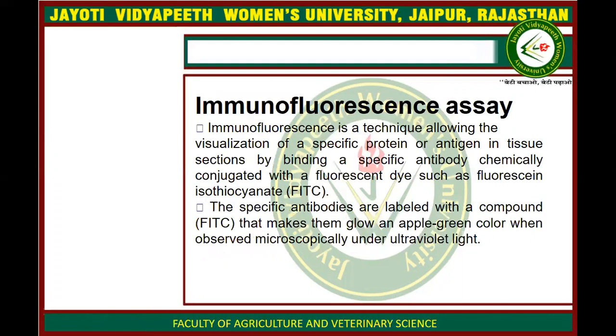Immunofluorescence is a technique which allows the visualization of a specific protein antigen when a particular specific antibody binds to it. The specific antibodies are labeled with a fluorescent compound, as in fluorescent in situ hybridization techniques, and it will create a specific color, maybe apple green, and after it produces a color we can detect the amount, the size, and the quantity of the product.